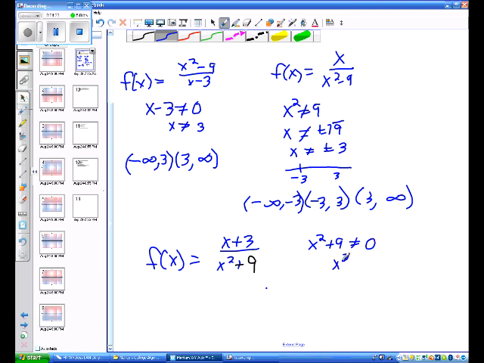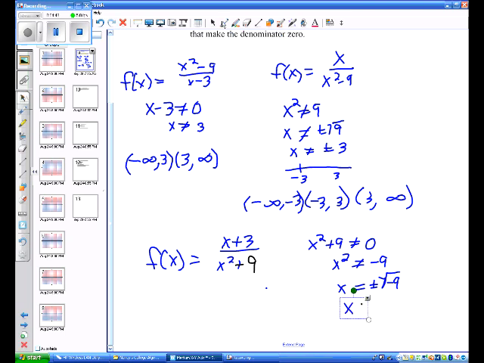So x squared cannot equal negative 9. If we took the square root of both sides, we're saying it can't equal plus or minus the square root of negative 9. Well, that's not going to give us a real number. So x would equal plus or minus 3i.